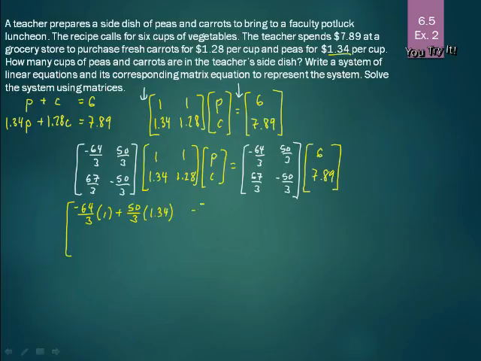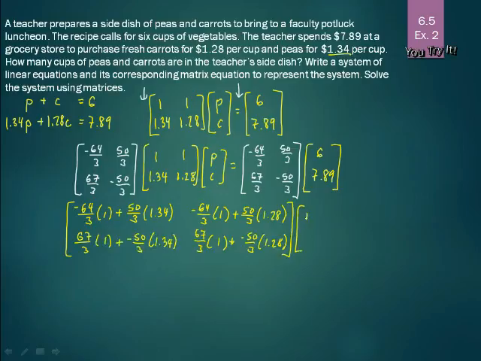And then same row, negative 64 thirds, but this time times the second column, so times 1 and then plus 50 thirds times 1.28. And then same thing here, but instead we use the second row of our first matrix. And then we still have PC, and then let's do the other side.